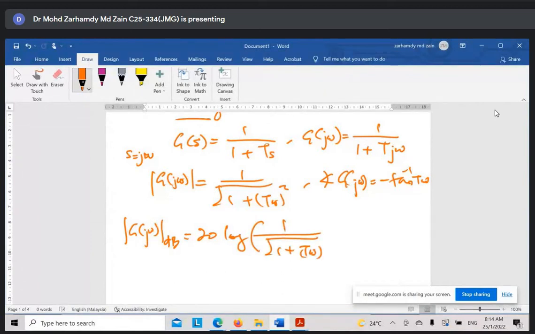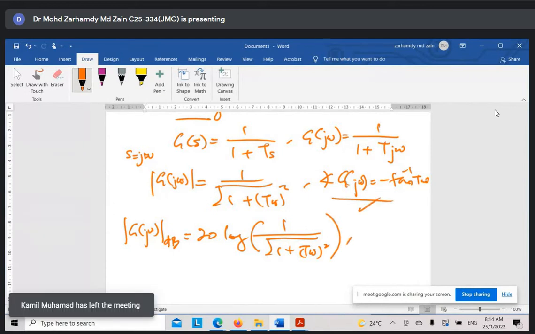But for the phase, it is the same. We continue following what we learned before. For the gain, we just multiply by 20 log to our system. So this is very important.